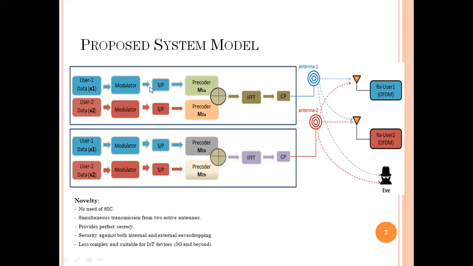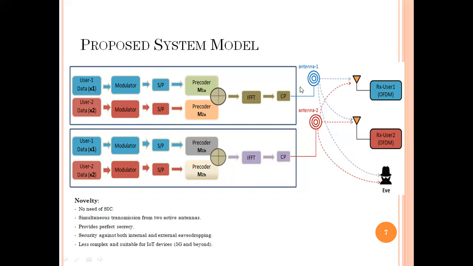That means user 1 data is first superimposed with the precoder M1A, and user 2 data is superimposed with M2A. Then similarly, user 1 data is also superimposed with M1B, and user 2 data is also superimposed with the M2B precoder, and these transmitted packets or data symbols carry the information.